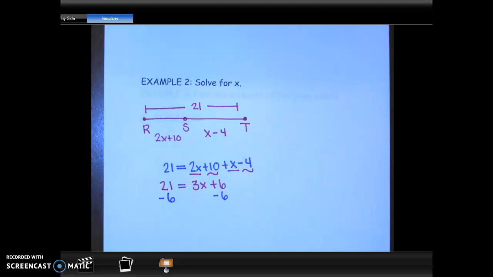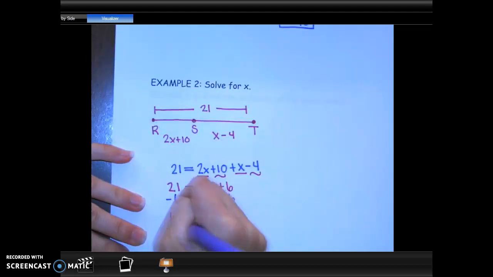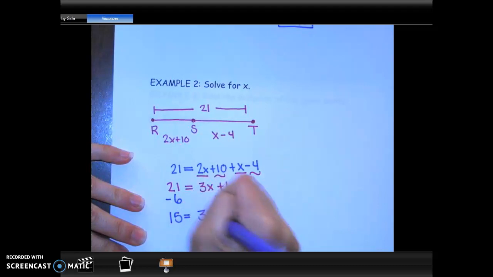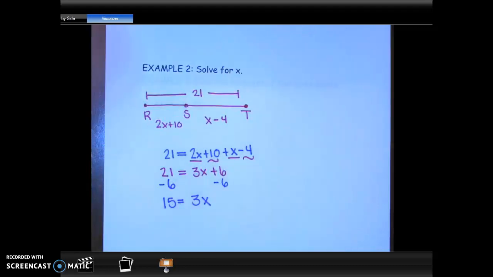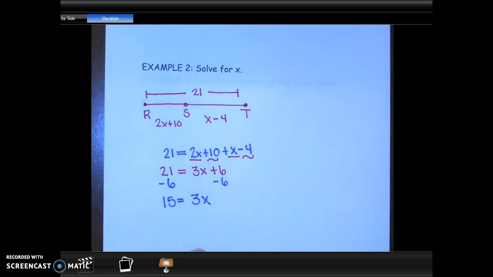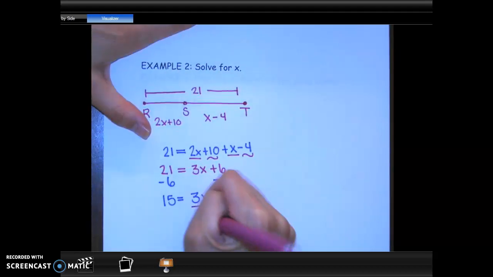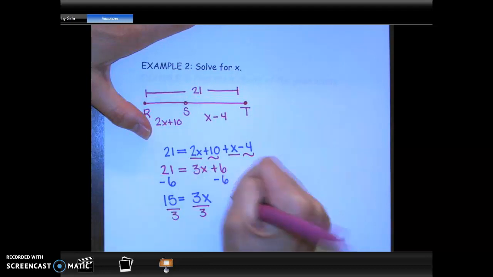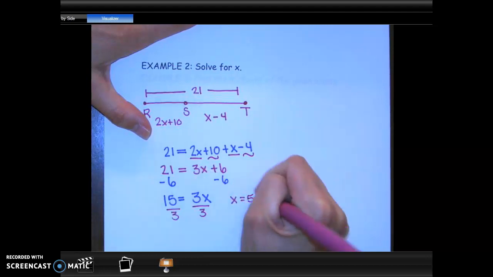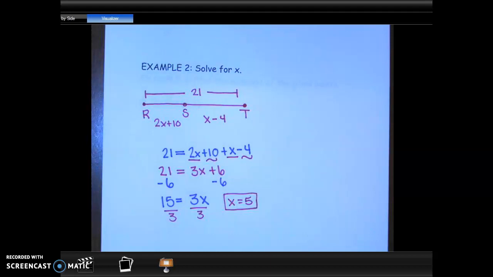So 21 minus 6 is 15. Alright, now we also need to solve for x here. So this is multiplication. The opposite, excuse me, multiplication is division, giving us that x equals 5. Okay, make sure you watch part 2 of the video to find goal 3.